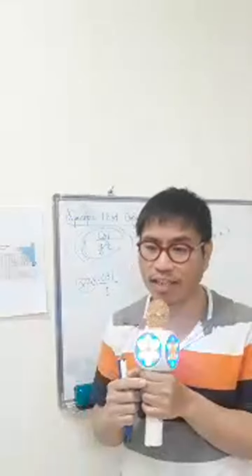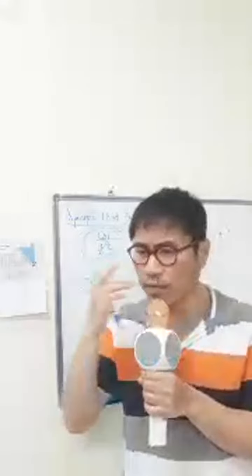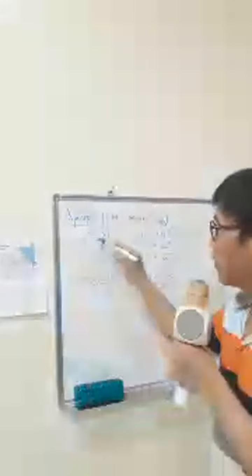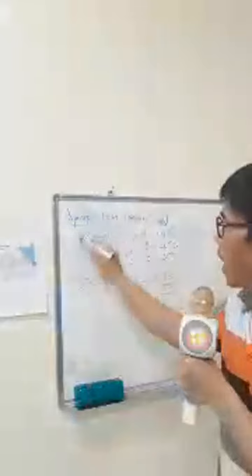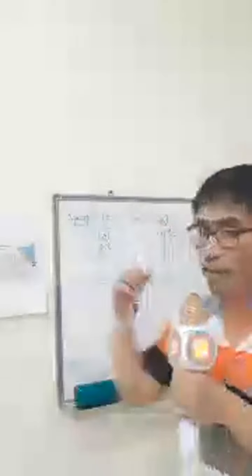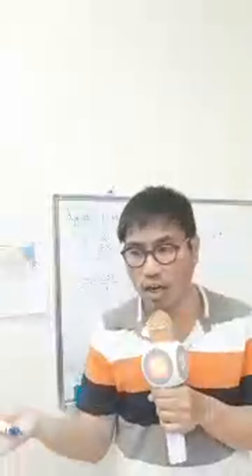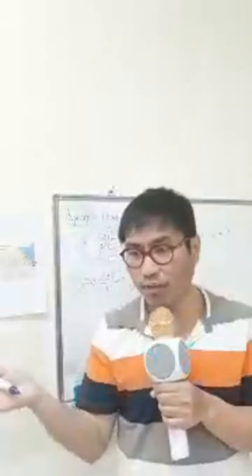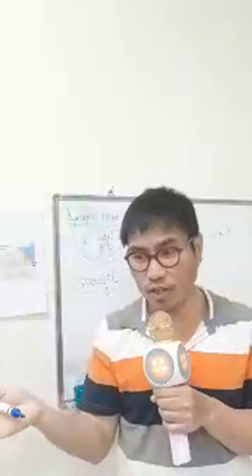And the reverse is the latent heat of condensation. But this 1 calorie per gram degree Celsius, guys, is the specific capacity whether it is undergoing condensation or evaporation, in the case of water. It will never change the specific capacity.